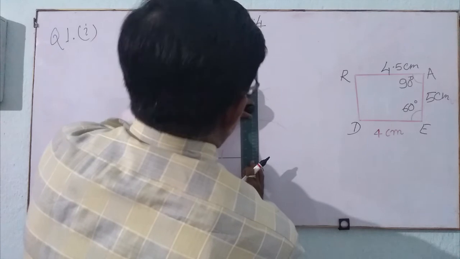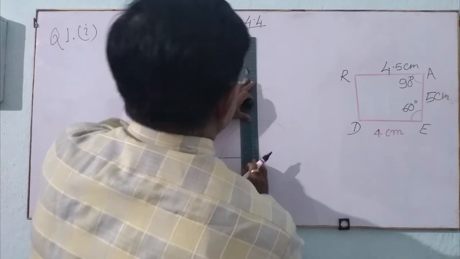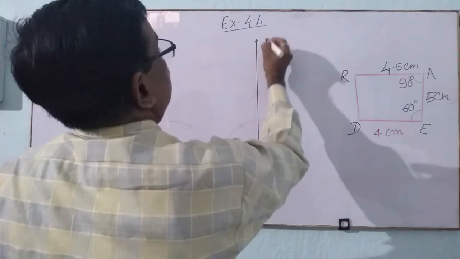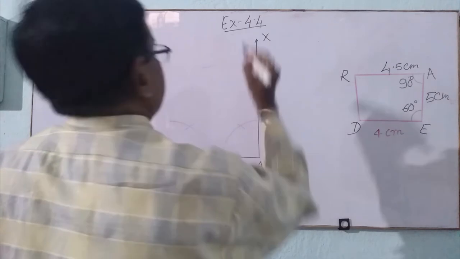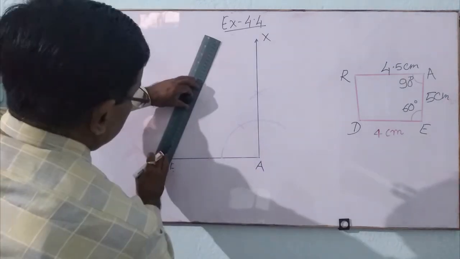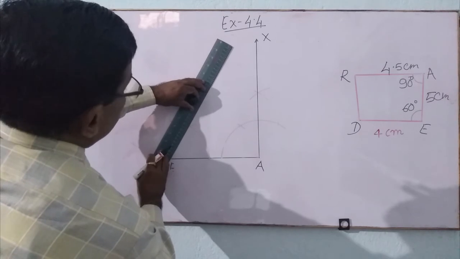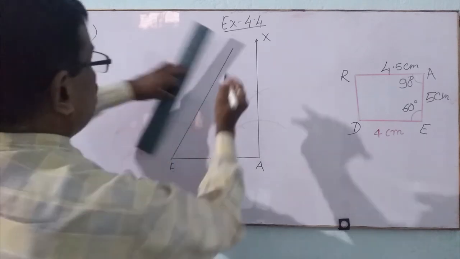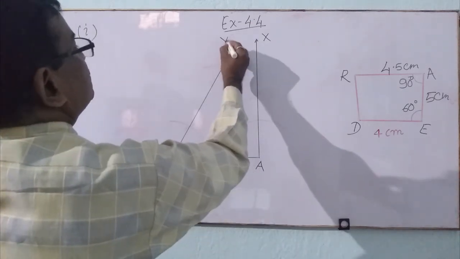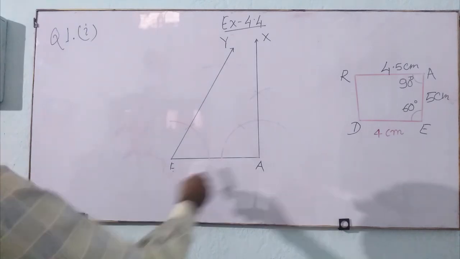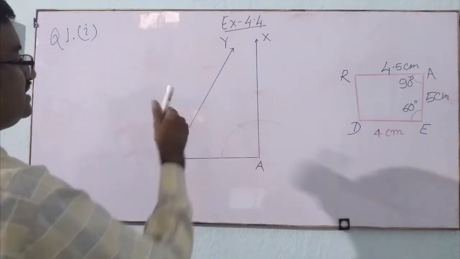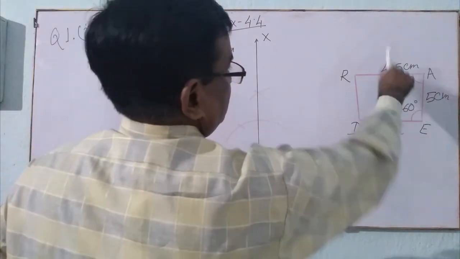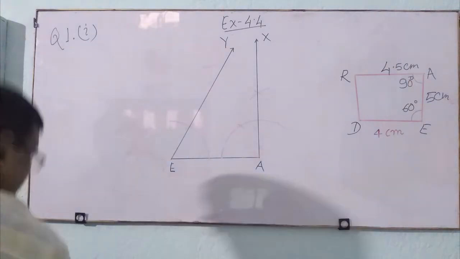Don't take the broken line, just take a ray, put an arrow mark, and let us call this X. For 60 degree put your scale properly and draw another ray, name it Y, so that angle AEY is 60 degree.